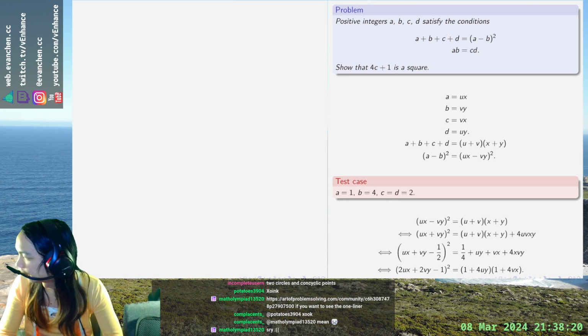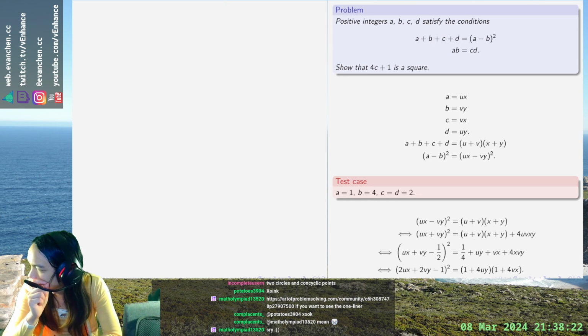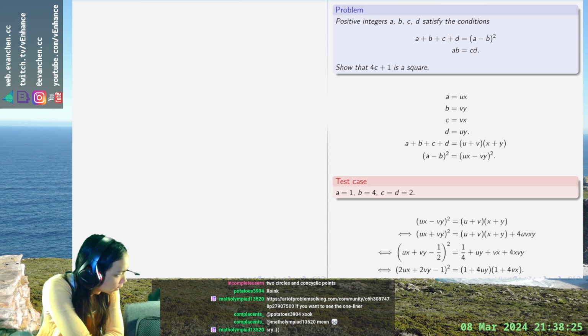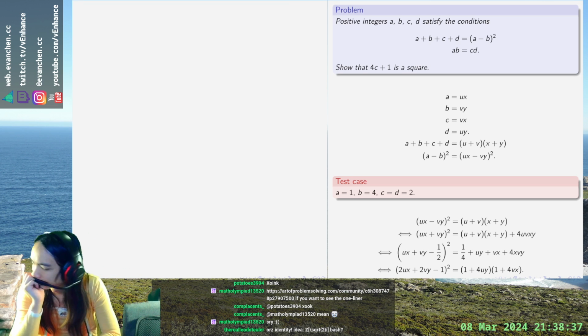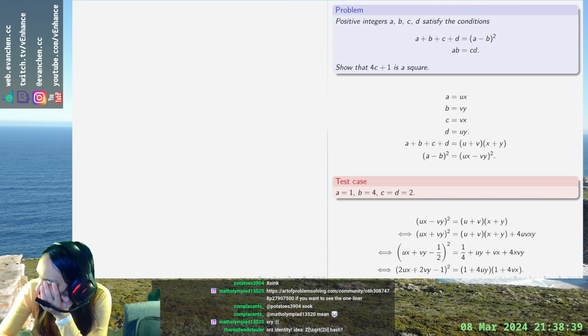So I'm not even using the square factorization. The claim is that I should just go directly to, what?